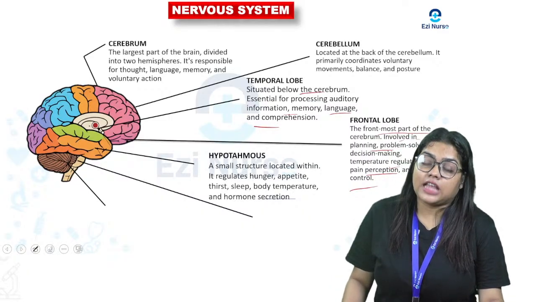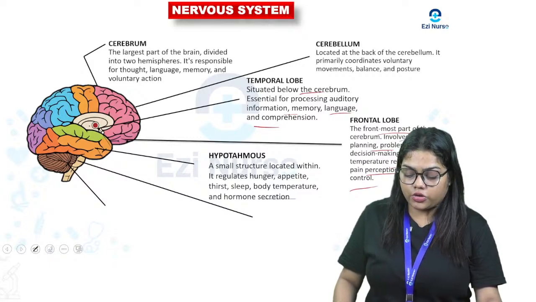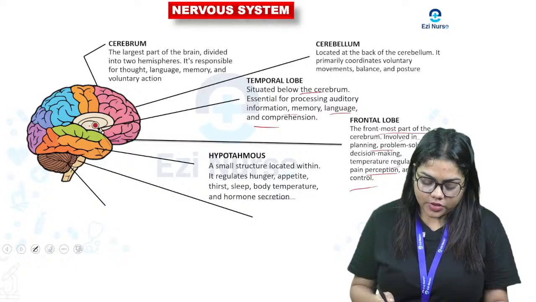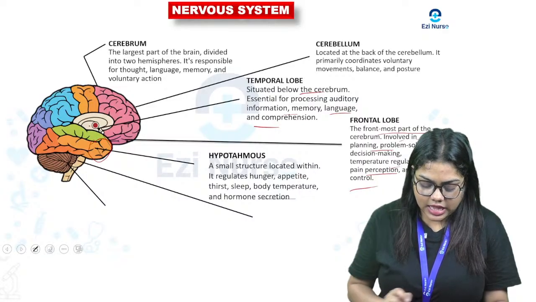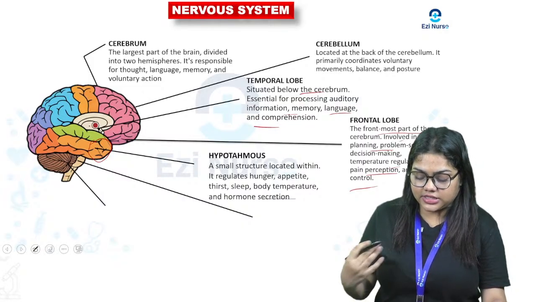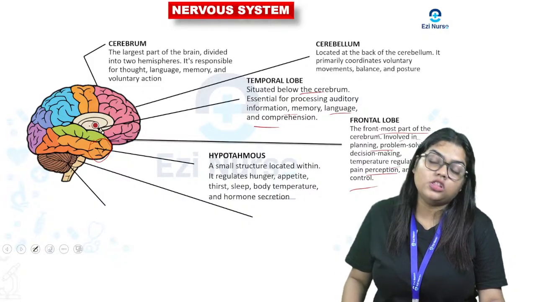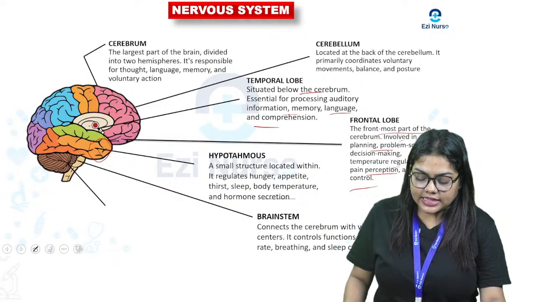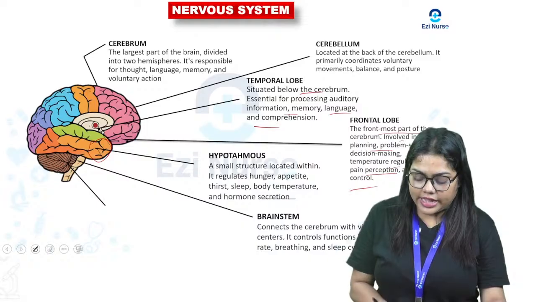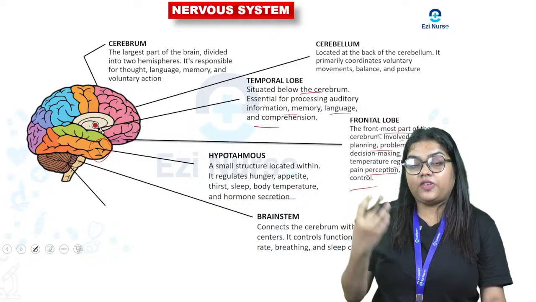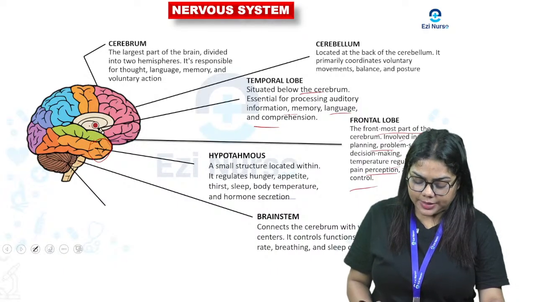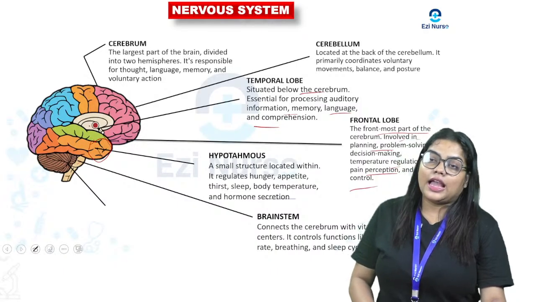The next part is the hypothalamus, a small structure located within the brain. Here you can see this is the hypothalamus, and it regulates hunger, appetite, thirst, sleep, body temperature and hormone secretion. Next is the brain stem. Here you can see this is the brain stem. It connects the cerebrum with the vital centers, and it controls functions like heart rate, breathing and sleep cycle.